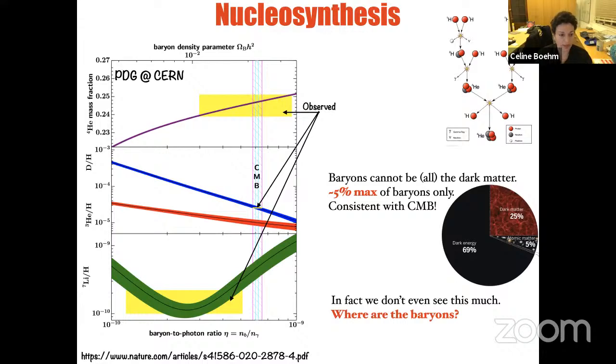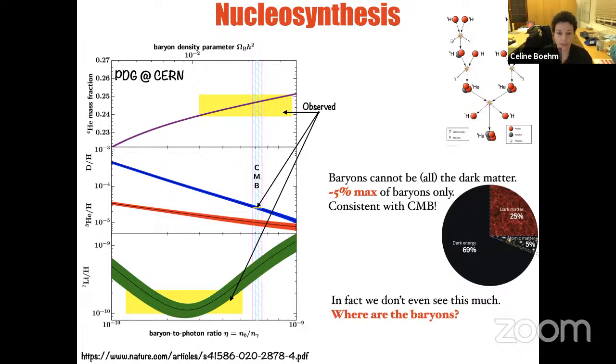It's accessible online. Then for the deuterium, you see the prediction also and the yellow band. The deuterium is basically very well measured. The helium the same, and for the lithium, you can see that the prediction is a little bit harder to make. There's more uncertainty, but you can also see that the observation is favoring a region which is not where the other yellow bands are.